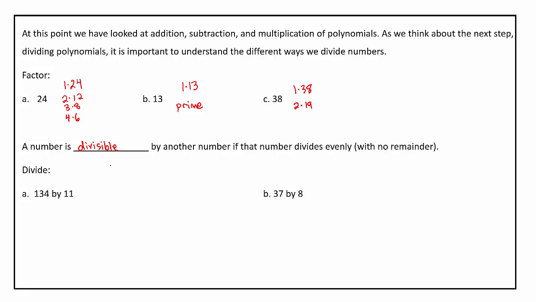Yes, we can do 21 divided by 2. We are capable of dividing these numbers, but that does not mean that 21 is divisible by 2. That is an important distinction that we'll look at.